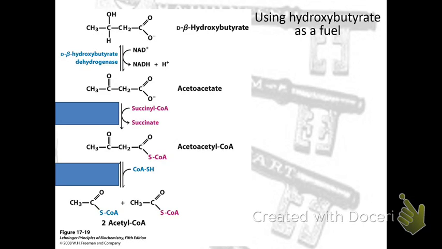So now we have something that's different. We've got a succinyl-CoA, which, where have we seen succinyl-CoA? Yes, from the citric acid cycle. We have a succinyl-CoA that's effectively transferring the coenzyme A to the carbonyl group and releasing the succinate.